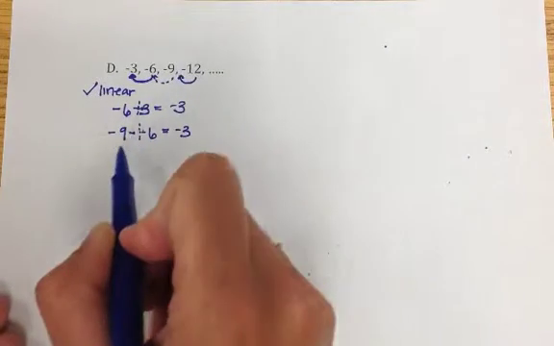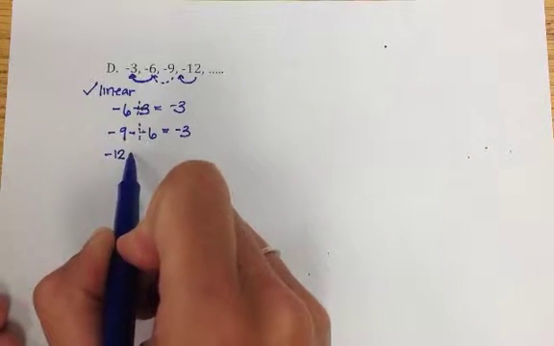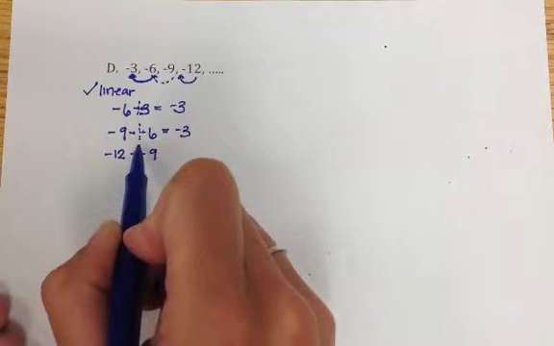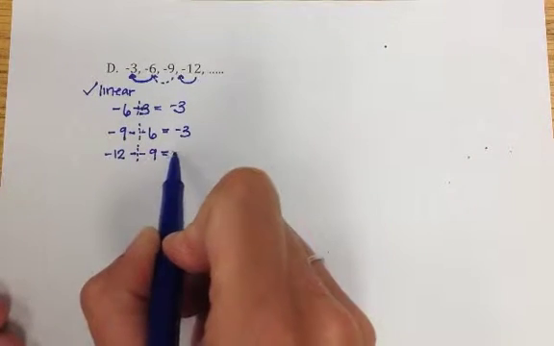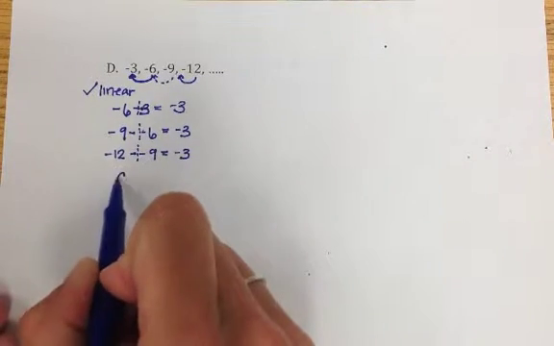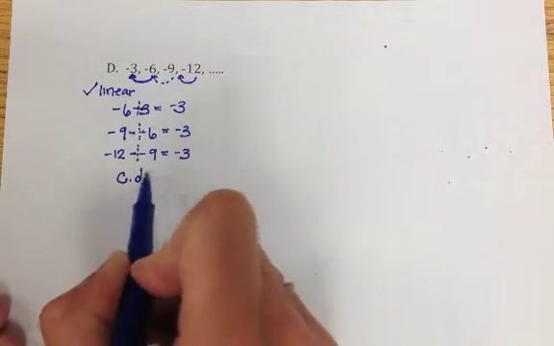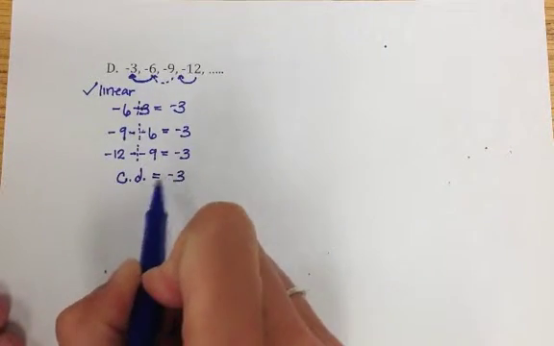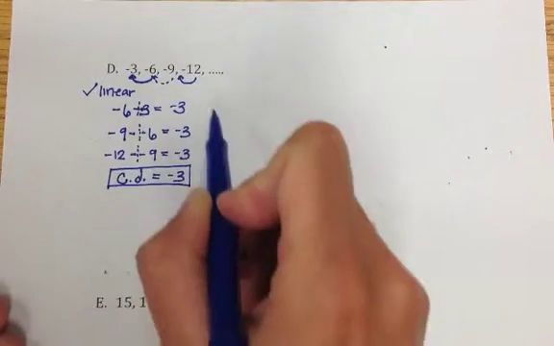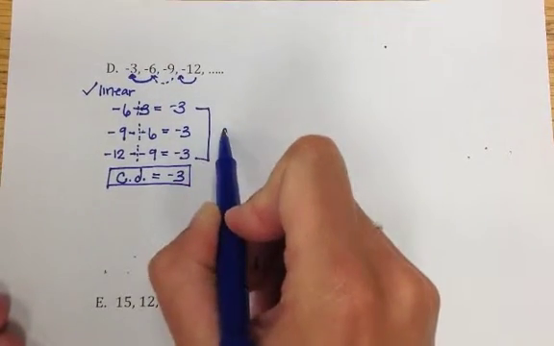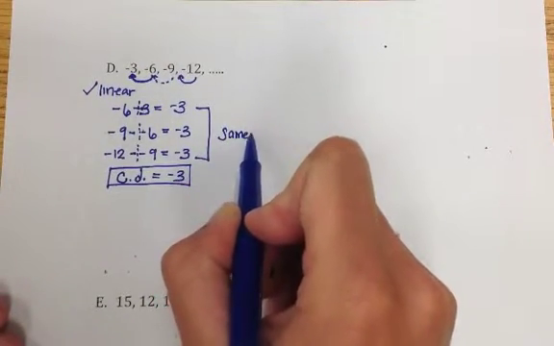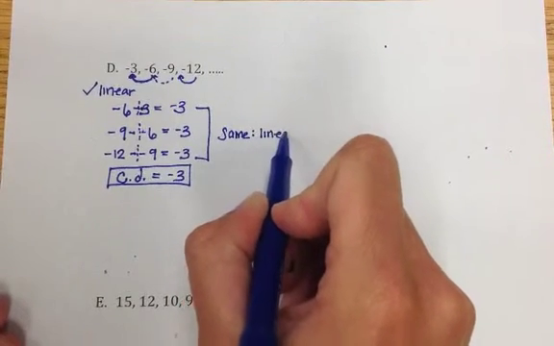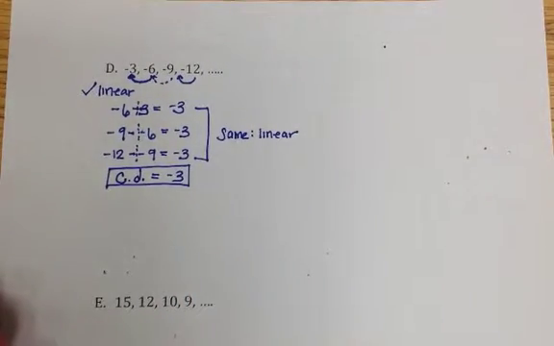And the last one, negative 12 minus a negative 9. 2 negatives become a positive, and you have negative 3. So the common difference, I'm just going to abbreviate it as CD, is negative 3, because all of these are the same. So we can conclude that it is linear.